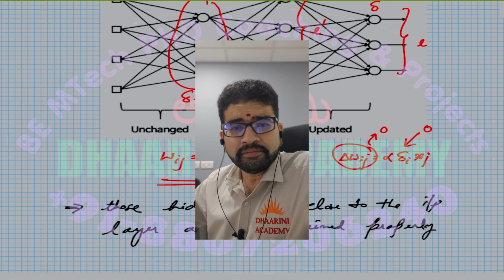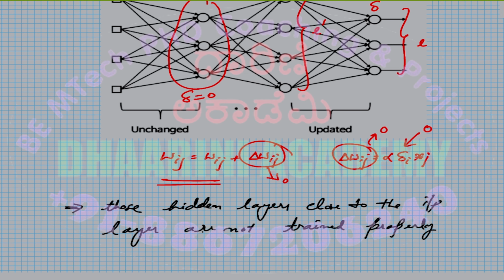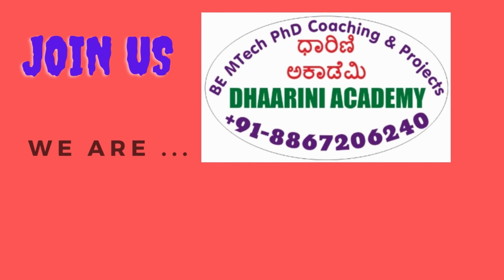When they tried to explore why the machine is not learning when you increase the number of hidden layers, the first solution they obtained is this. Okay, right. So in the next session, we will see what are the other reasons why the machine is not learning.